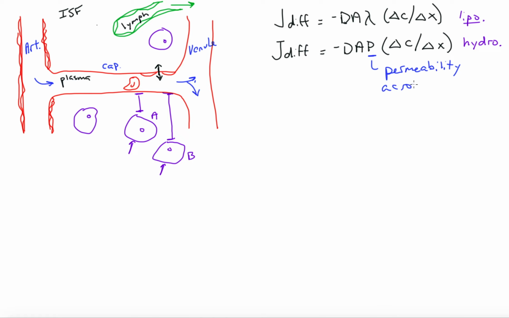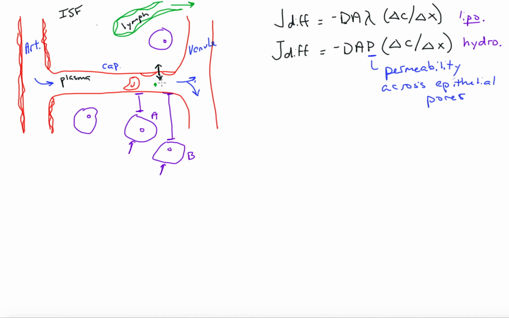Across epithelial or endothelial, same thing, pores. The gaps here. Let's use a good example. If we're talking about a protein, a plasma protein, its permeability across most capillaries is 0.